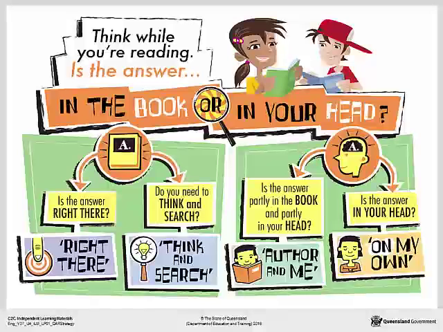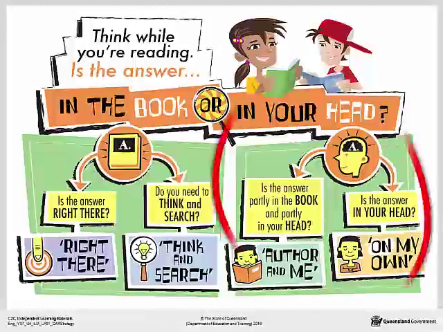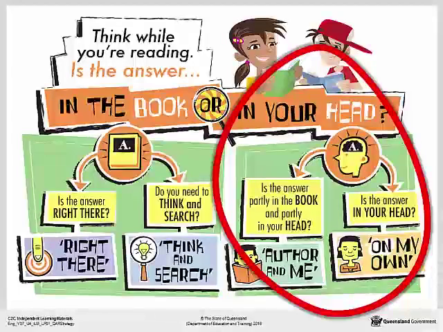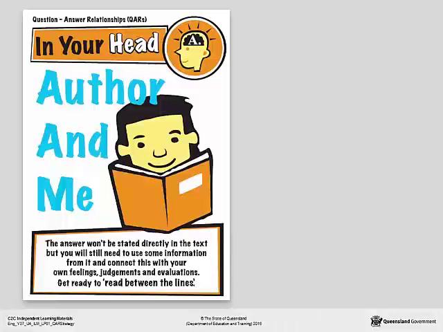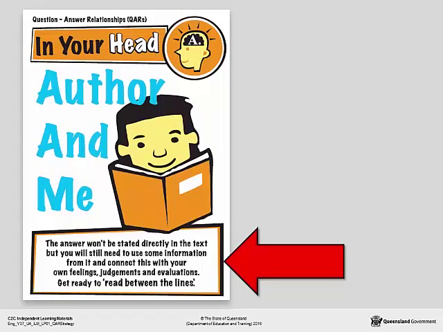Okay, the next category of question is the in my head questions. There are two types of in my head questions: author and me and on my own. Author and me questions are questions where the answer is partially found in the text. The reader is required to relate information found in the text to their own experience.